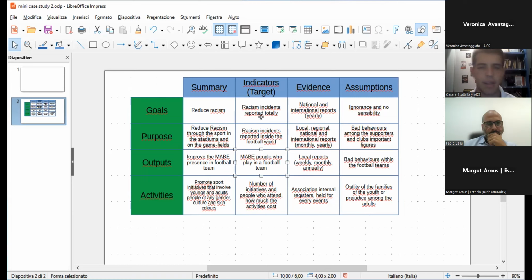So for racism, we have to measure the racist incidents reported inside the football world, so the supporters or on the field, I don't know. Of course, it's very interesting. I like the indicators that you put here.